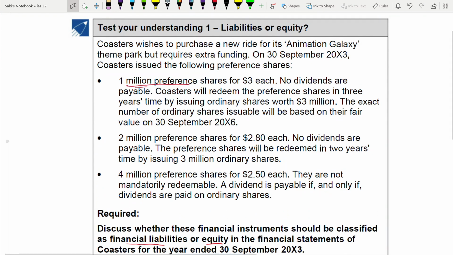No dividends are payable. They will redeem the preference shares in 3 years' time by issuing ordinary shares worth 3 million. The exact number of ordinary shares issued will be based on their fair value on 30th September 2006. So they don't know the exact number of ordinary shares in the first one. Now tell me whether this 1 million preference shares will be taken as a liability or an equity?